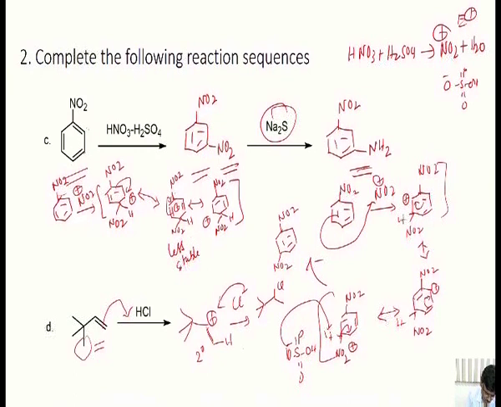Now this methyl group can migrate to give a tertiary carbocation.